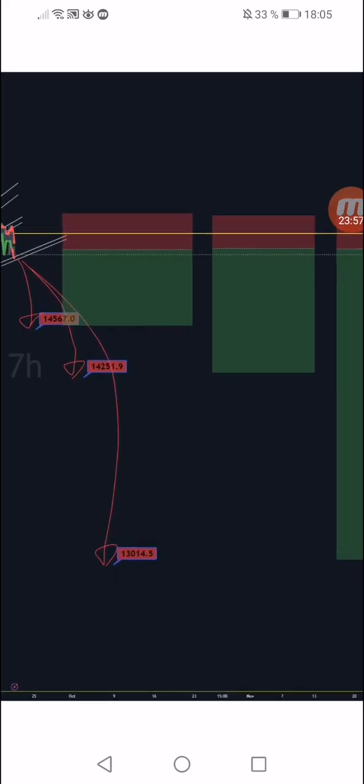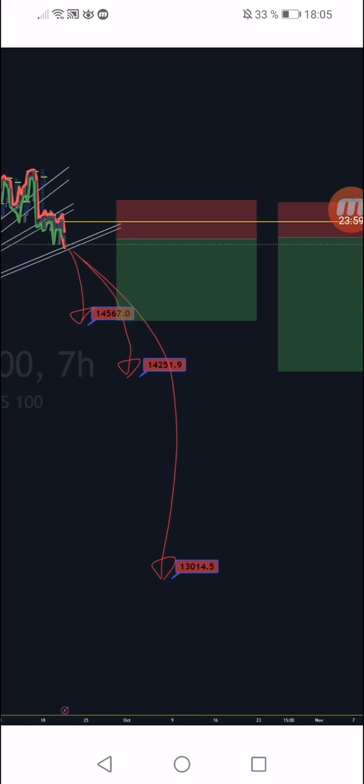If we reach 14,567, and if you have already been watching my trade idea of yesterday and followed my instructions, you would have a risk to reward ratio from 1 to 12, meaning your risk would be 1 and your reward would be 12, and we are reaching that now.